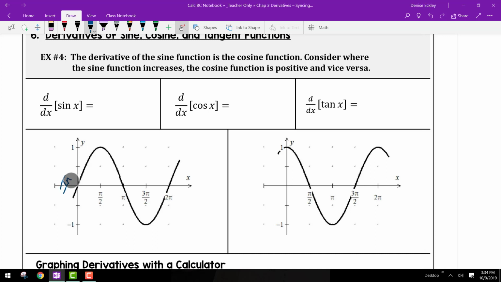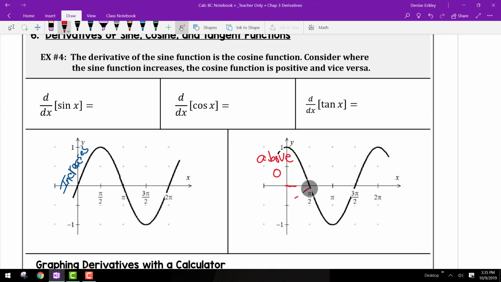It is increasing along here from 0 to pi over 2. And if you look at our cosine function, which is the second picture, from 0 to pi over 2, this section of the graph is above 0. So that's why they correspond to each other.